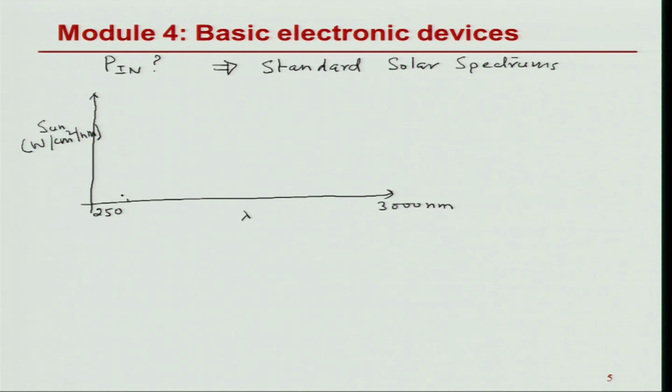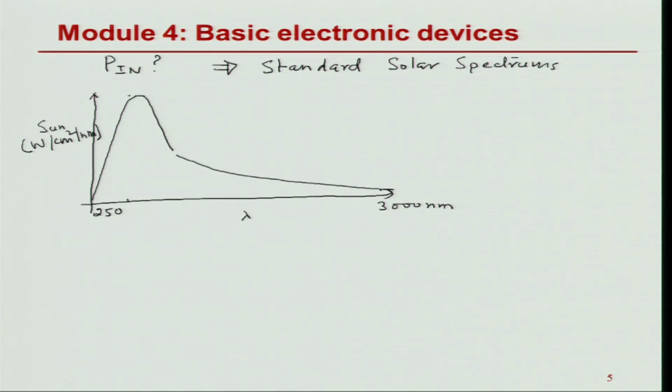Interestingly, the solar spectrum peaks at around 500, 600 nanometer, drops very fast, and then there is a huge tail going towards the larger wavelength. So actually maximum solar spectrum is in the visible range, which is good for us, that is why we are able to see things.